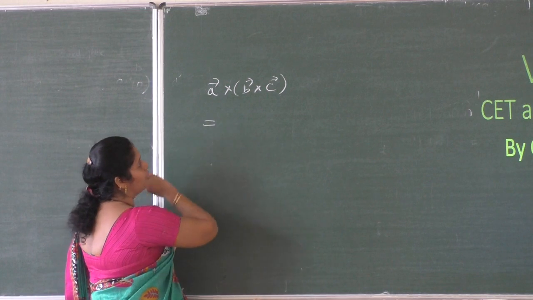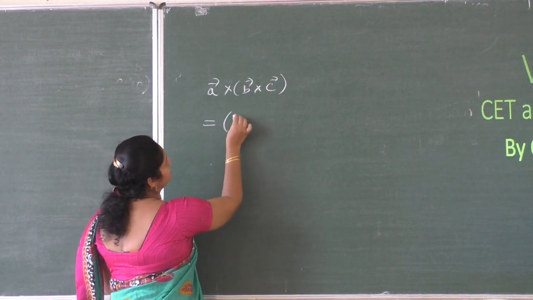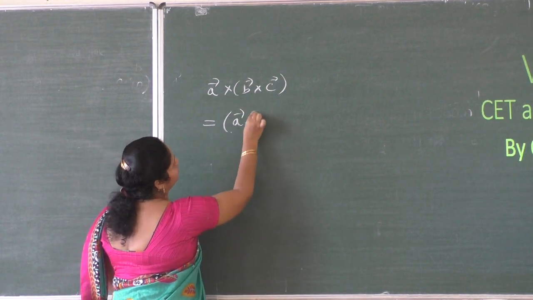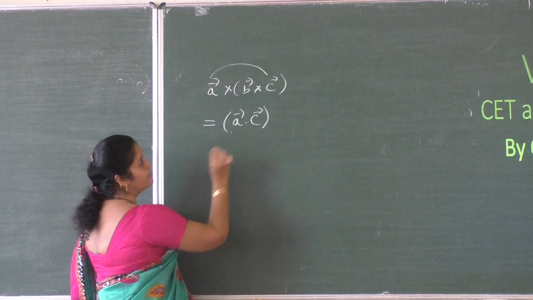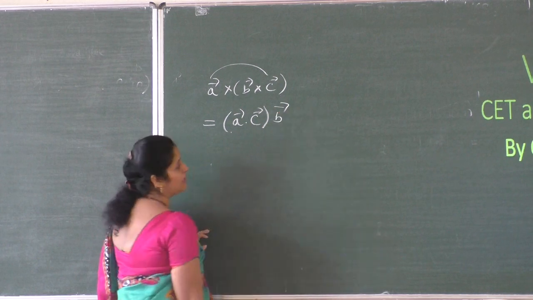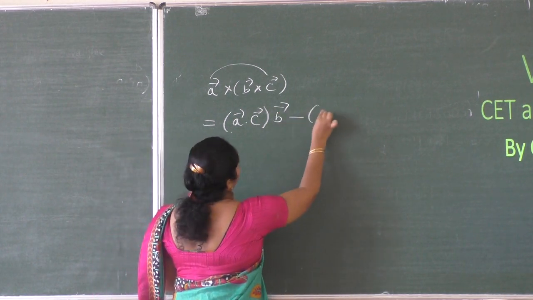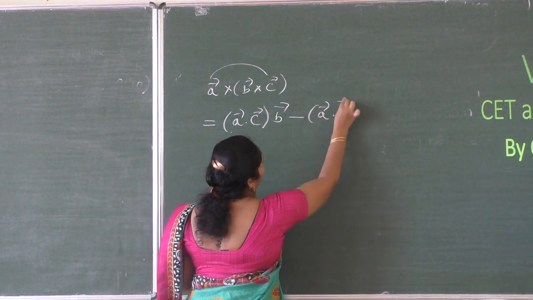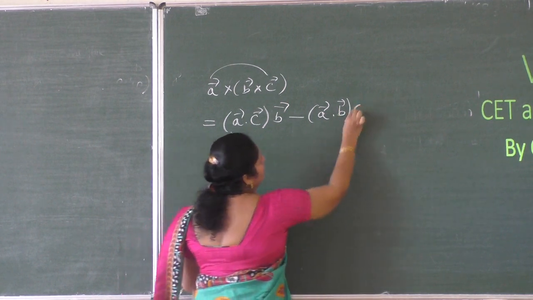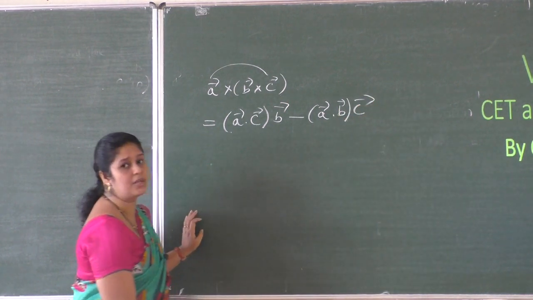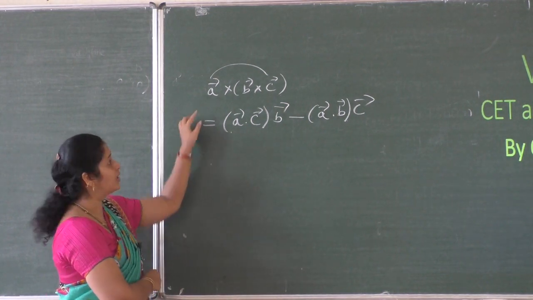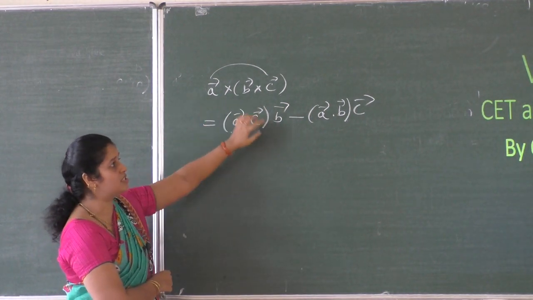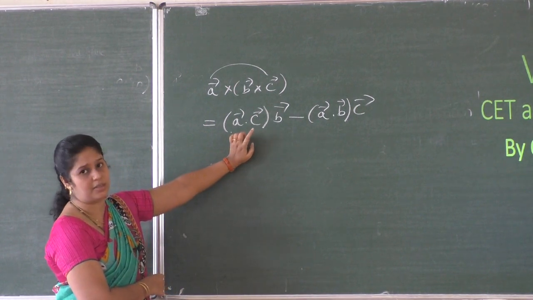And I am using this formula: vector A dot C times vector B minus vector A dot vector B times the remaining vector C. That is the formula to calculate vector A cross vector B cross vector C, and this is a vector.